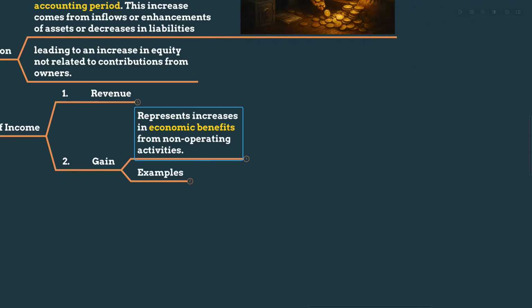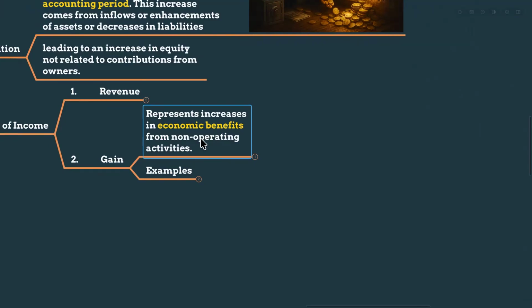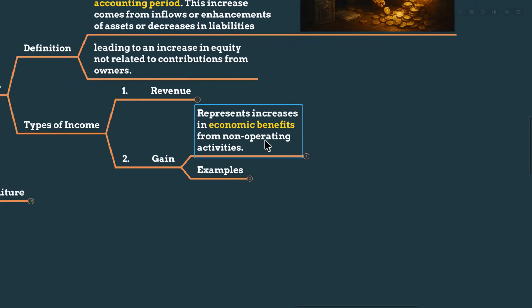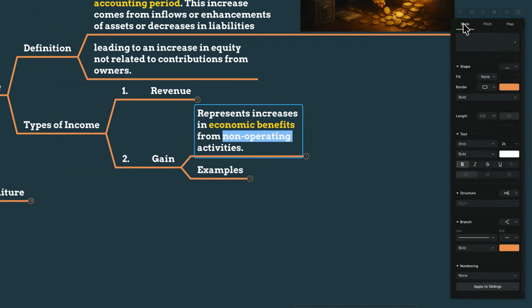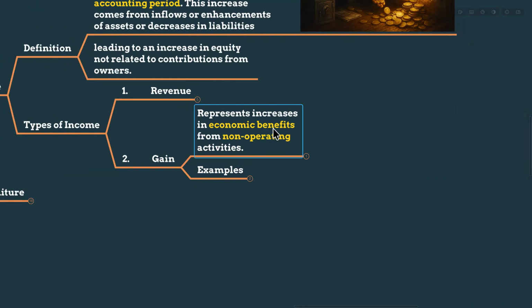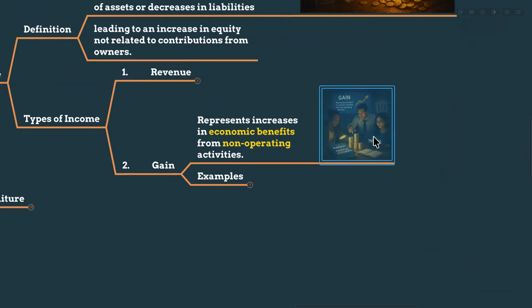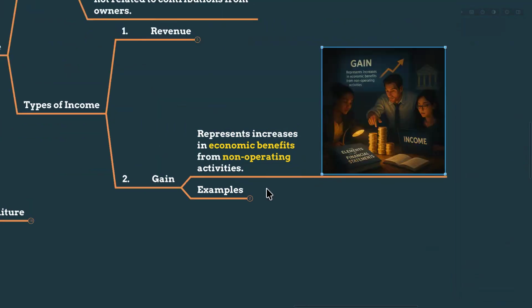And what about gain here? Gain, my dears, represents increases in economic benefits from non-operating activities. The important word here is non-operating. Non-operating means it's not usual, like sales, interest, lease or rent we are receiving. Not like that. It's non-operating activities.